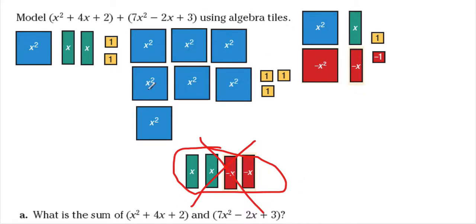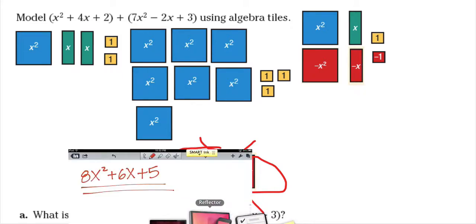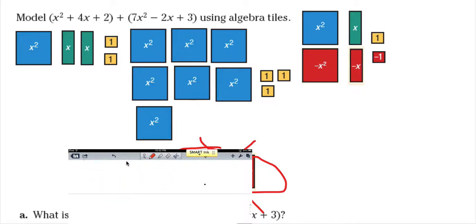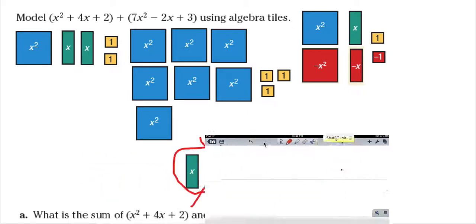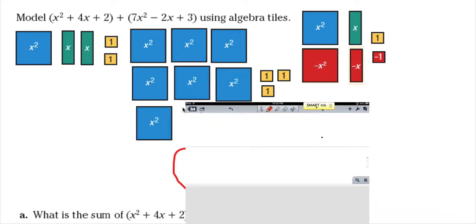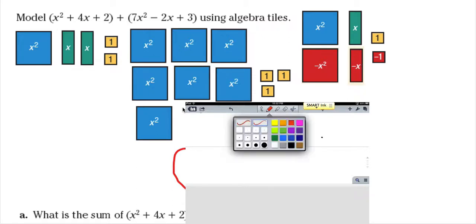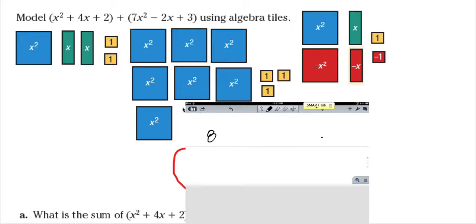We now have, going back here, let me put up my screen, 8 x squared tiles left, 2 x tiles left, and 5 unit tiles left.